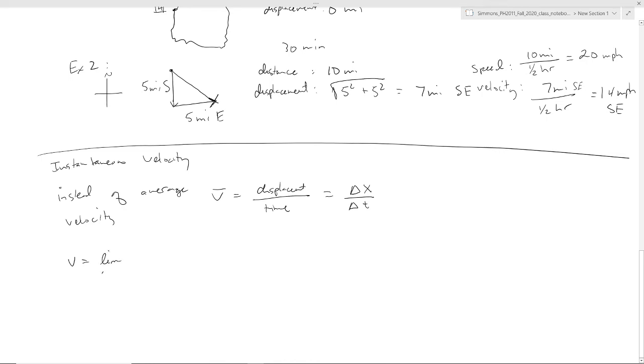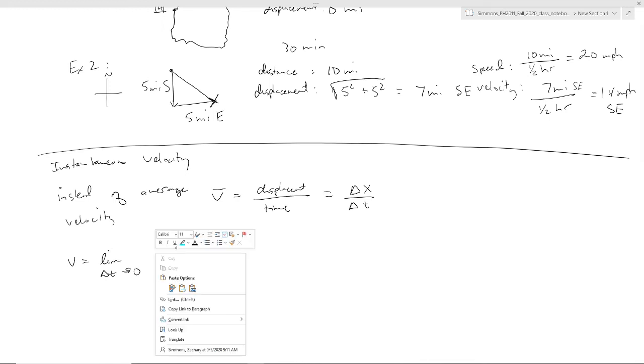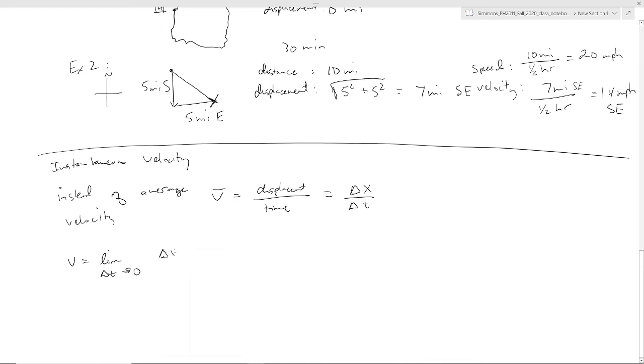So if we imagine in the limit that the delta t becomes very small, this becomes a derivative, dx/dt. So in other words, velocity is the derivative of displacement.